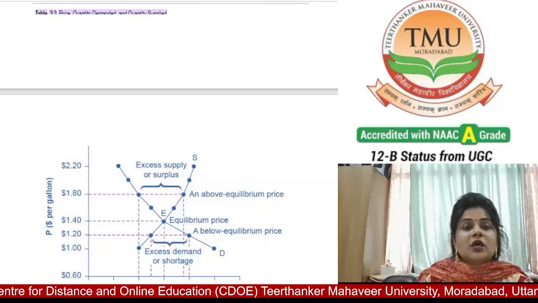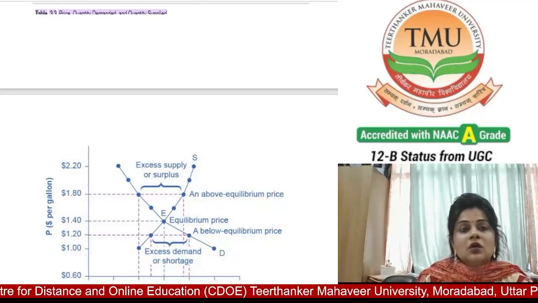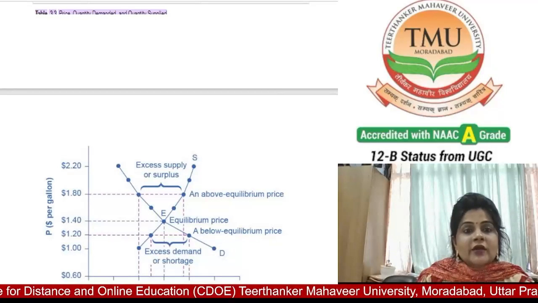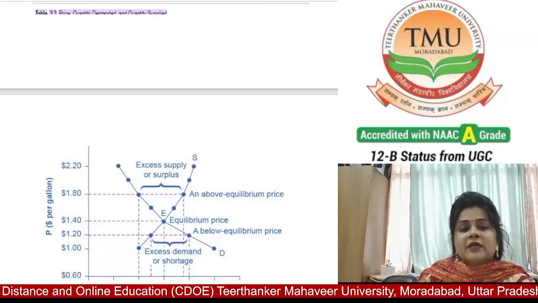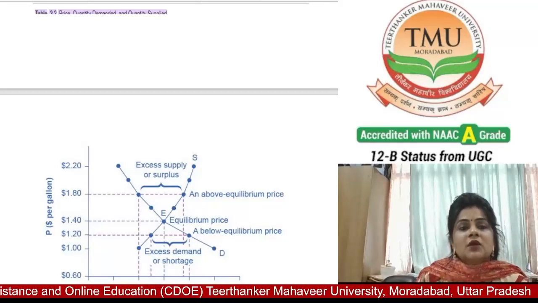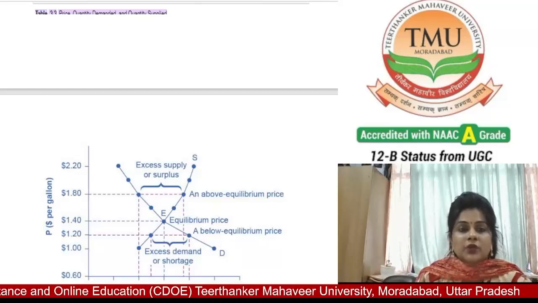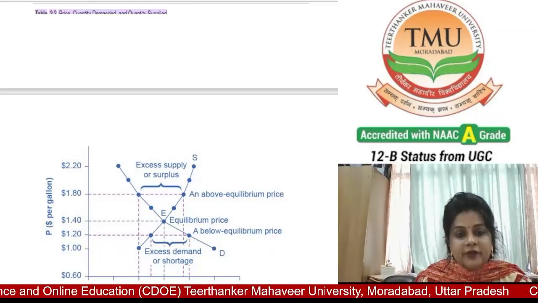The supply curve shows the quantity of goods or services that sellers will offer at various prices, all other things unchanged. The equilibrium price occurs where the demand and supply curves intersect.